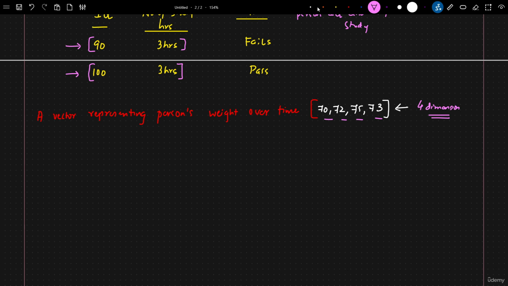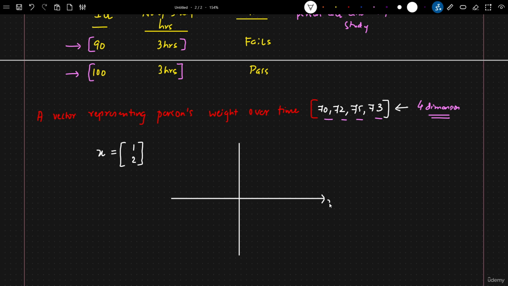Let's say I just represent it with respect to physics. Let's say I have a vector called x, represented in 2 dimensions, with the value 1, 2. Now, in order to see this vector in physics, we create a coordinate system. This is my x-axis and this is my y-axis.